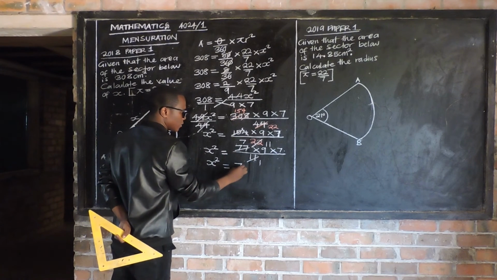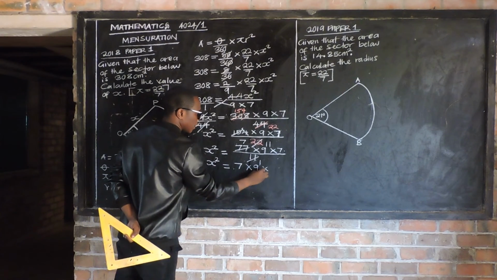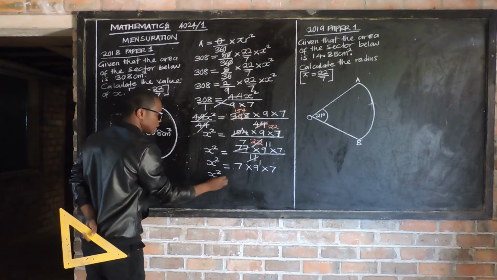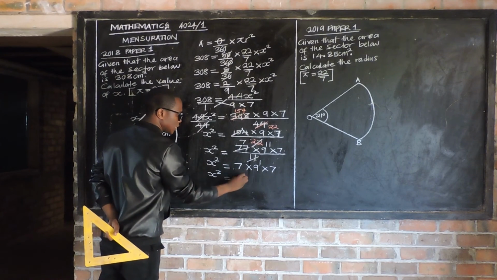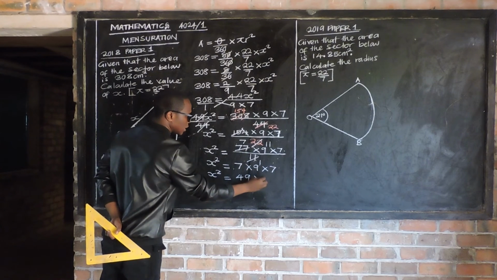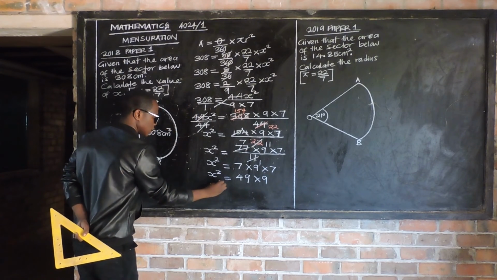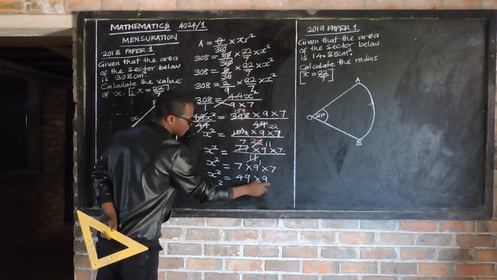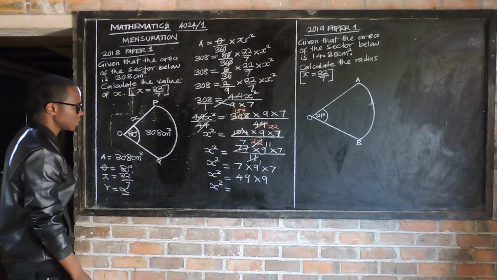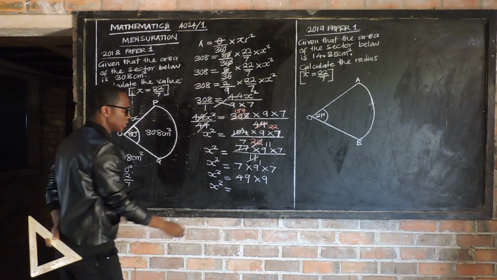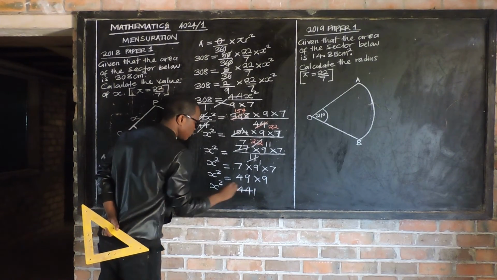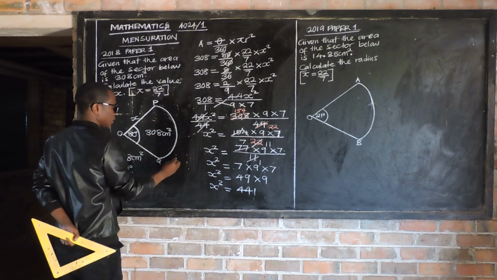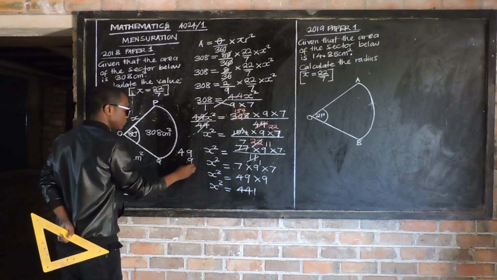We have 7 multiplied by 9, then multiplied by 7. So x squared is equal to 7 times 7 gets 49, times 9. Now you multiply these two. Let's multiply 49 times 9.